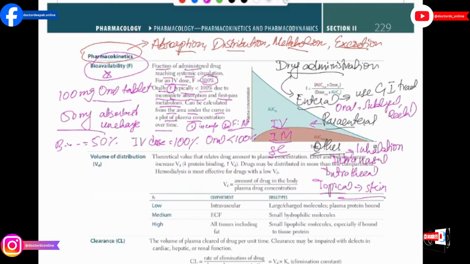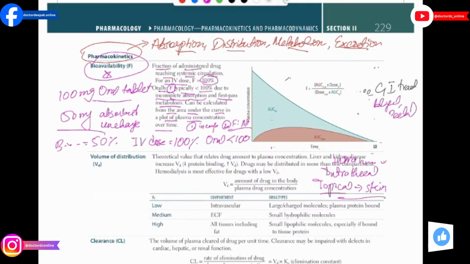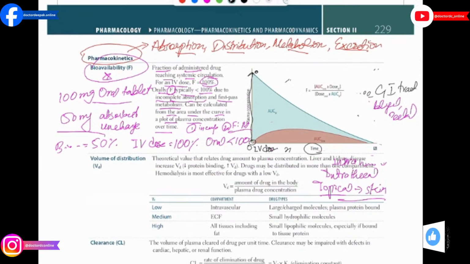Fine? And what does that mean on the curve? Let me elaborate. Suppose this is the zero point, and you give the IV dose here. As you inject the dose, it will give a peak like this. The x-axis is for time.